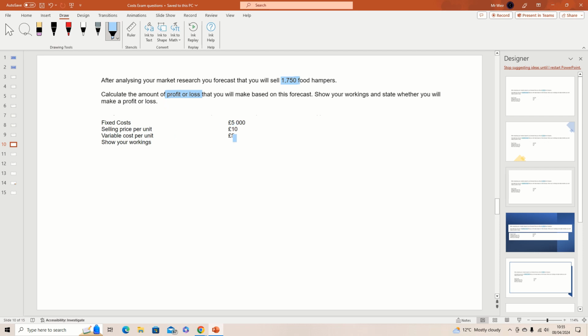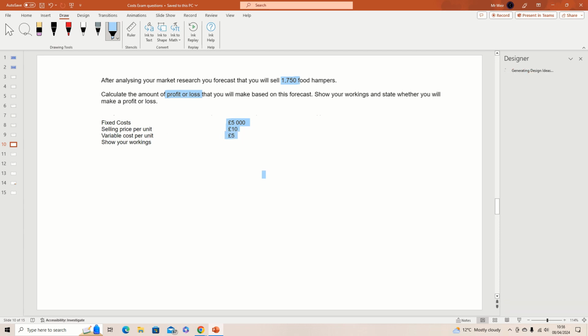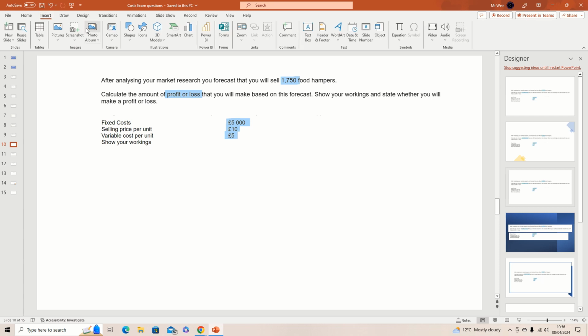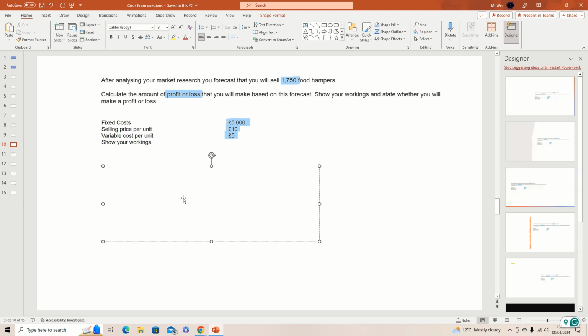So we've been given these three values that we need here, and we need to do it for 1,750. So this has got our fixed costs, our selling price per unit, and our variable cost per unit. So we need to work out a few things before we can go any further. The first thing that we need to work out is the revenue.